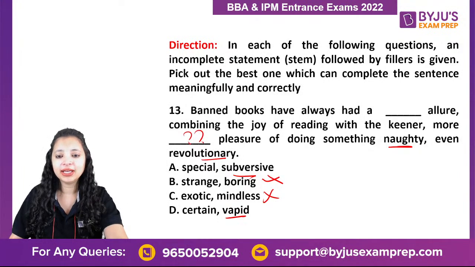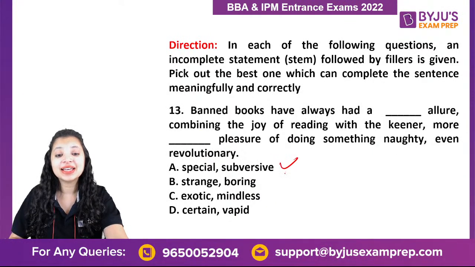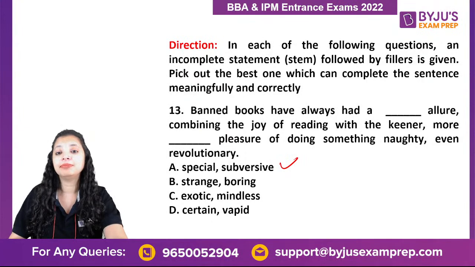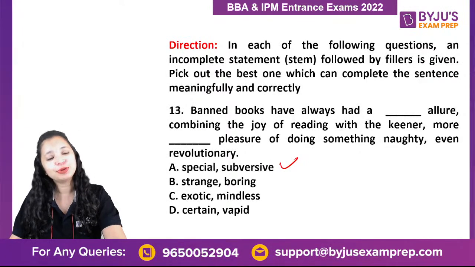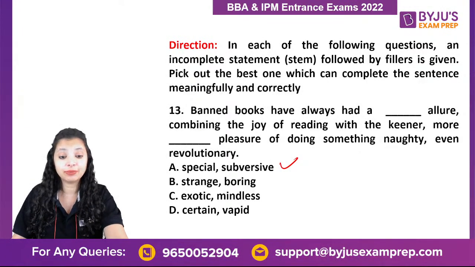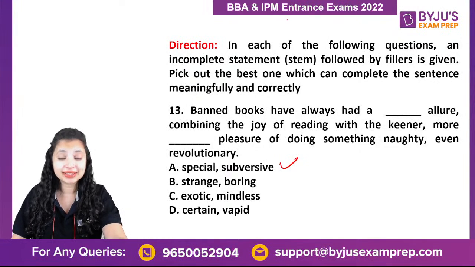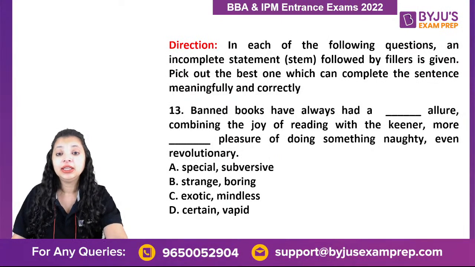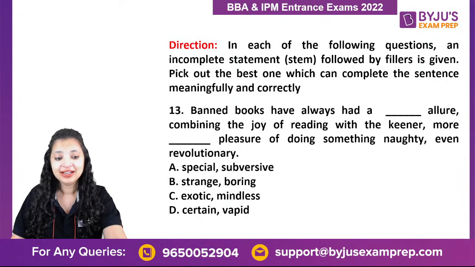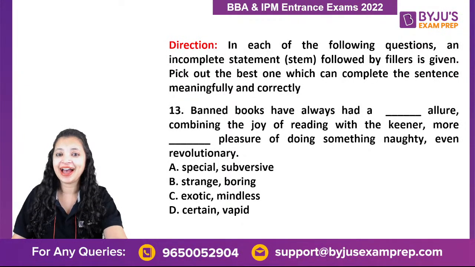If the book is boring and bland, it cannot be boring pleasure that will force you to do something naughty. It is the subversive pleasure of doing something naughty. The answer has to be an A. What does subversive mean? Subversive is doing something deliberately against the authority. So the answer clearly is an A.